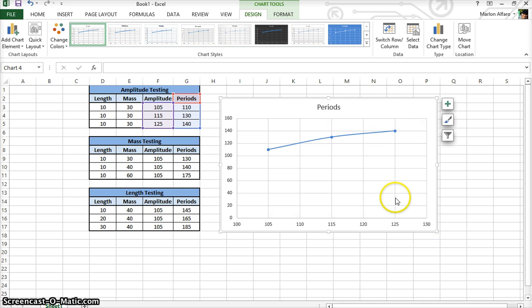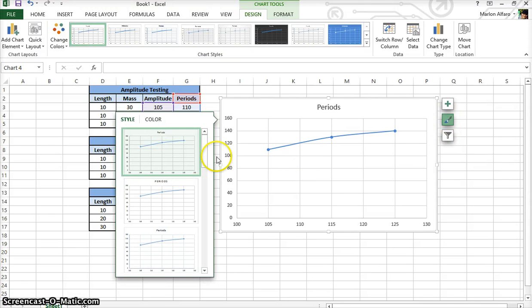You can prove that because here it says at 125 amplitude my period was 140. So really you should only have one line, and this is going to be easier to see. I know before I said to have three lines in one graph, but I think it'll be best to have one line, and I'm going to show you why in a little bit, after we're done with each graph.